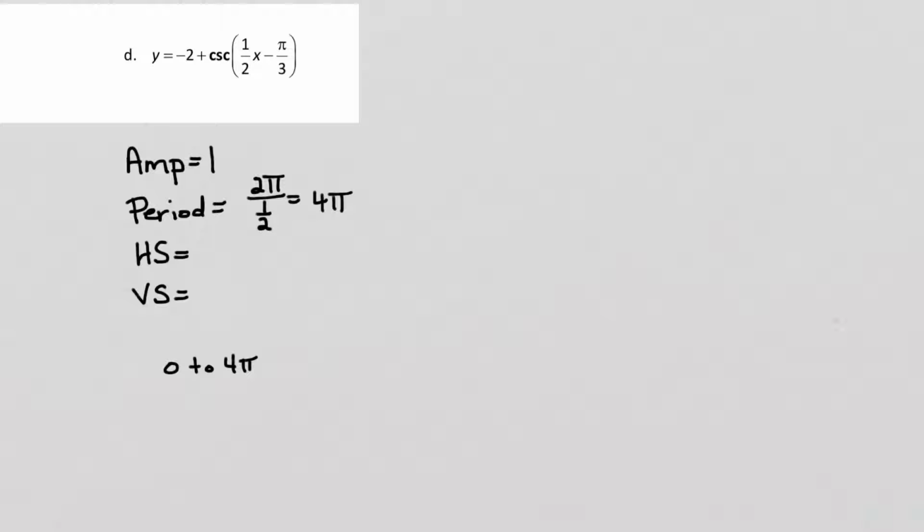All right, now let's find that horizontal shift. So I take the 1/2 x minus pi over 3, set it equal to 0, and solve for x, and we get x is equal to 2 pi over 3. So that's a positive 2 pi over 3.